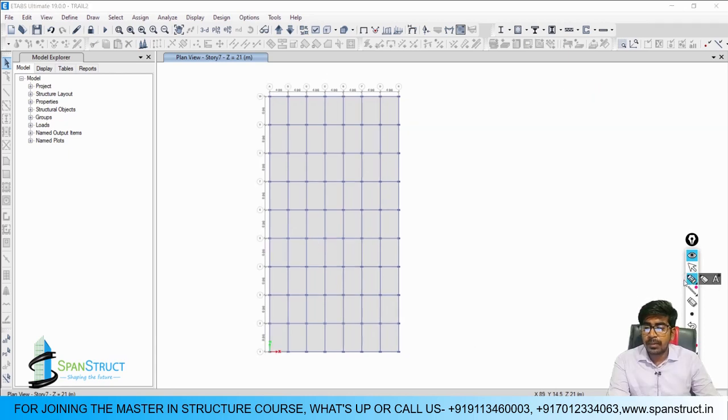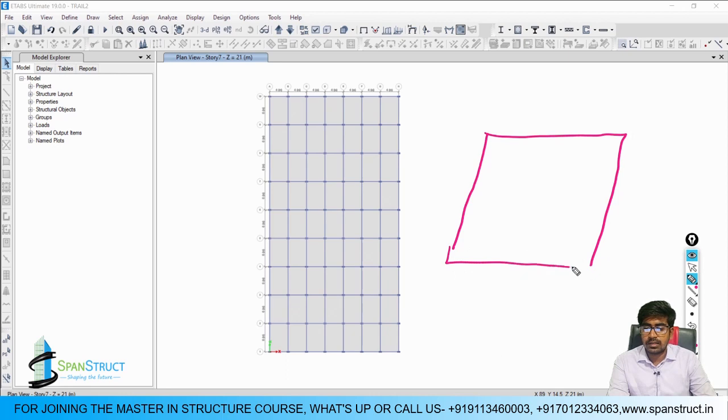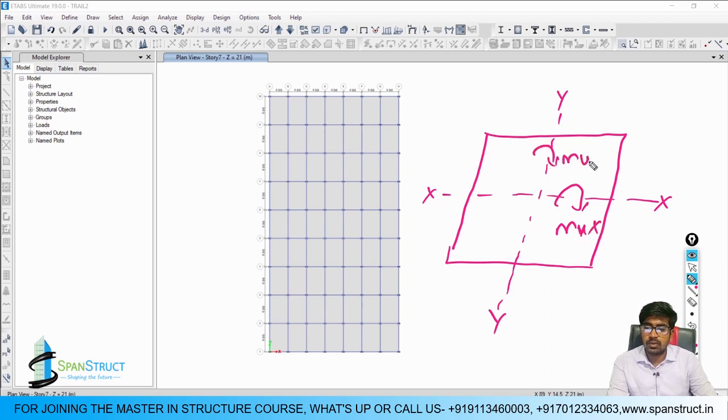Now we will look at the biaxial bending interaction diagram. If I draw it, it will look something like this. There will be a y-axis and an x-axis. The moments will be Mux and Muy.